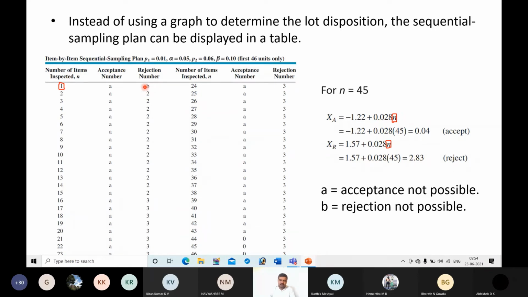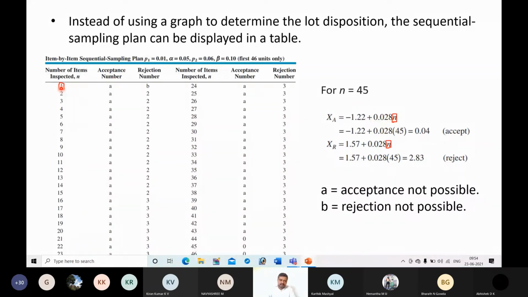What is the reason? You are inspecting only one item. How can we fix the rejection number as 2 when the number of items is only 1? It is not at all possible. So that's why rejection not possible, because here you have only one unit. You cannot fix 2 defectives for 1 unit.